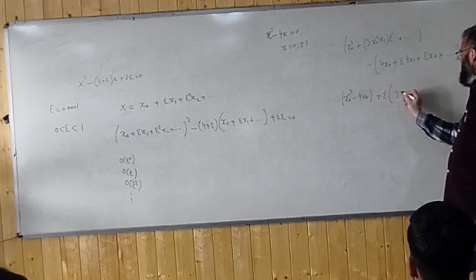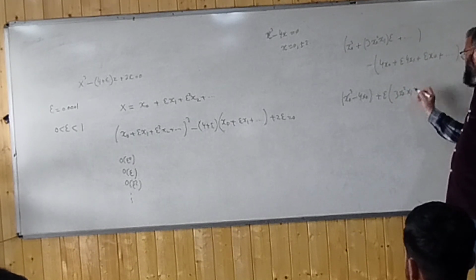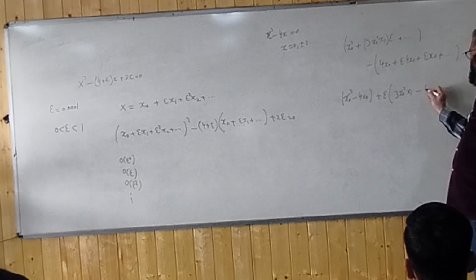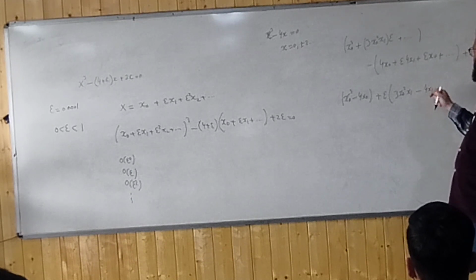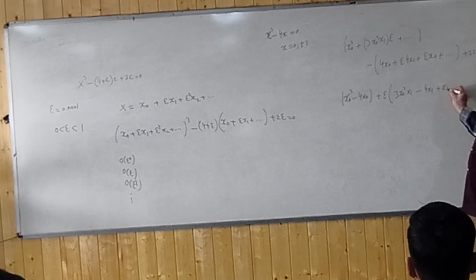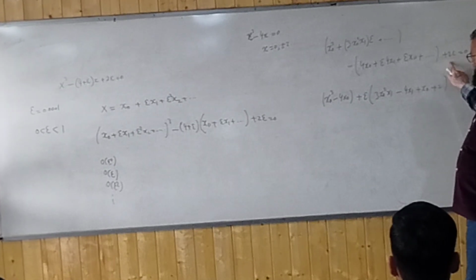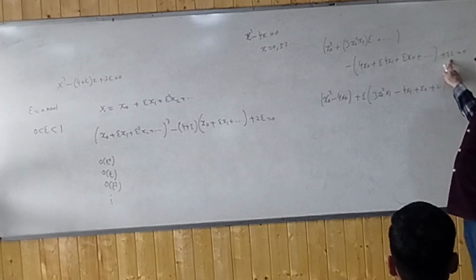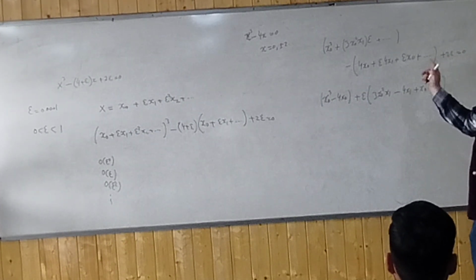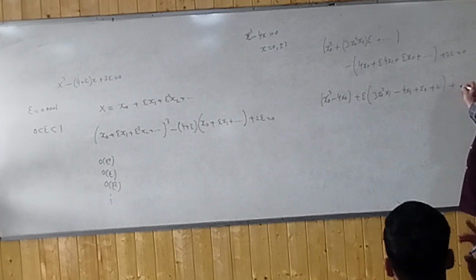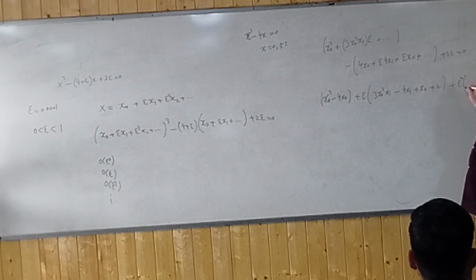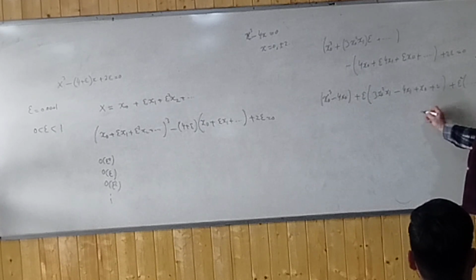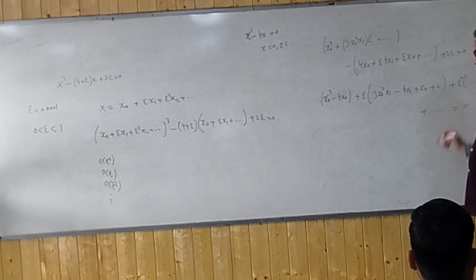What are they? 3x0 square x1 minus 4x1, then plus x0 plus this 2, because this is the epsilon order term. Clear? Then you are having the epsilon square terms and other higher order terms. Clear?